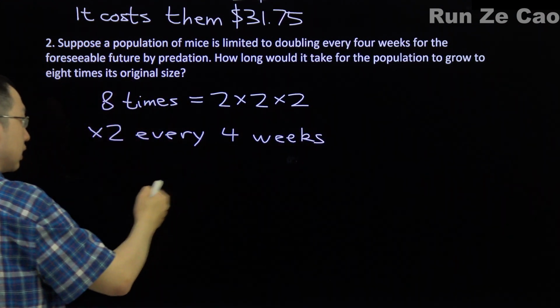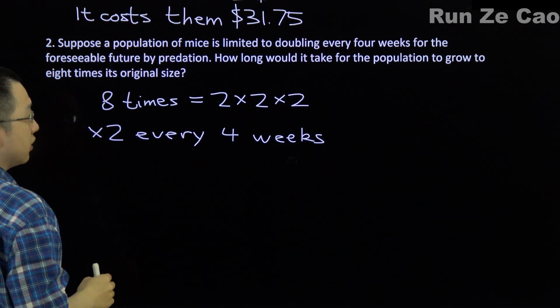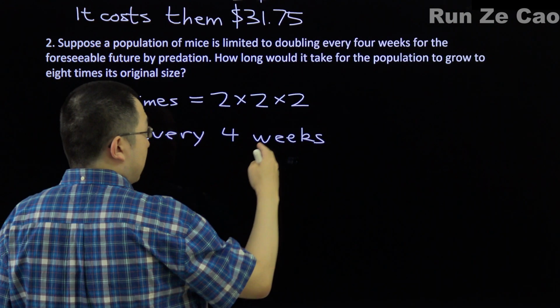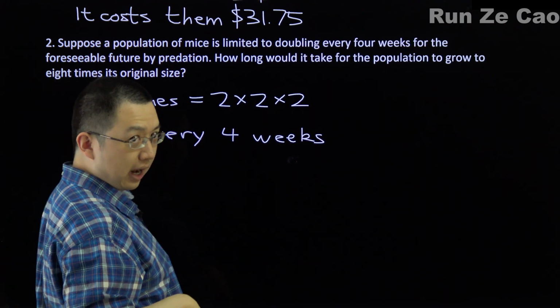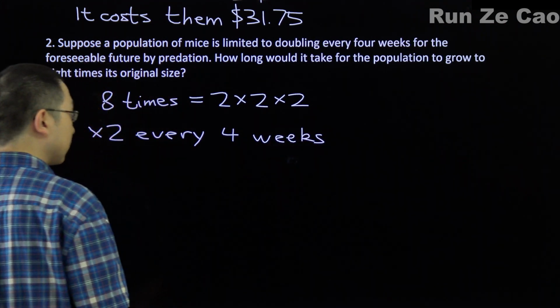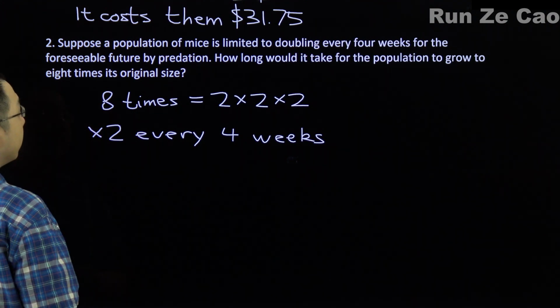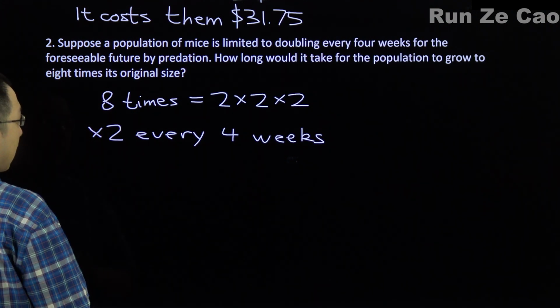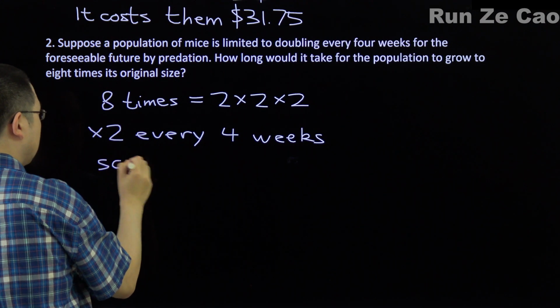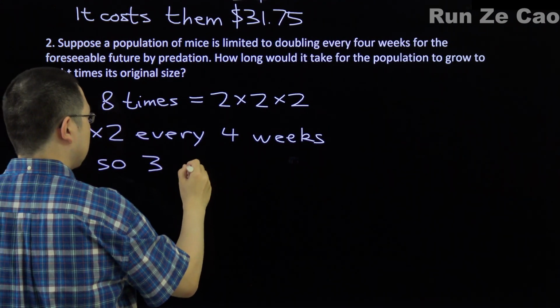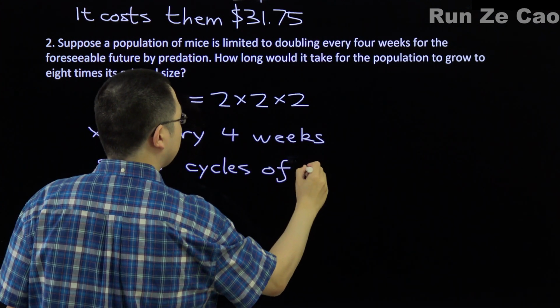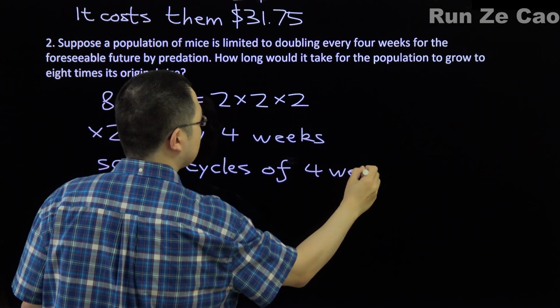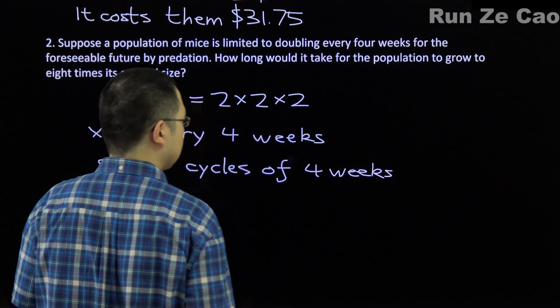So in 4 weeks, you have twice as many mice as you started with. In 8 weeks, you have twice of twice, i.e. 4 times. And in 12 weeks, you have 8 times the original size. So 3 cycles of 4 weeks needed.